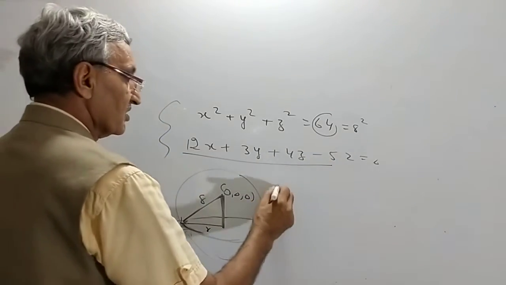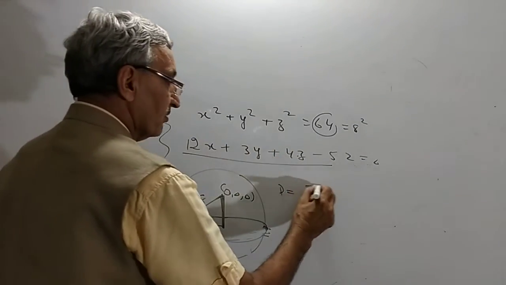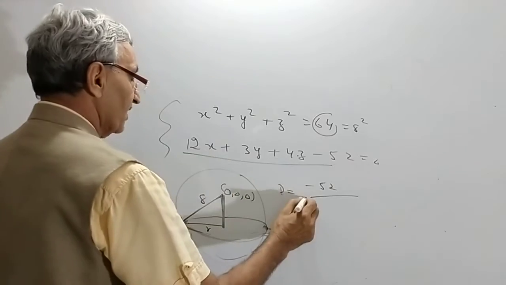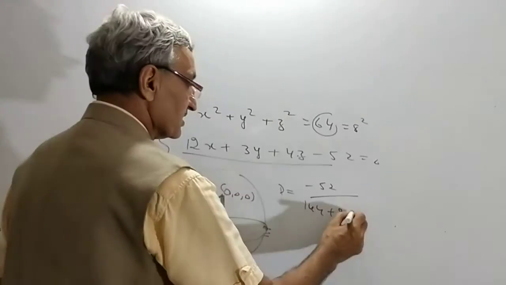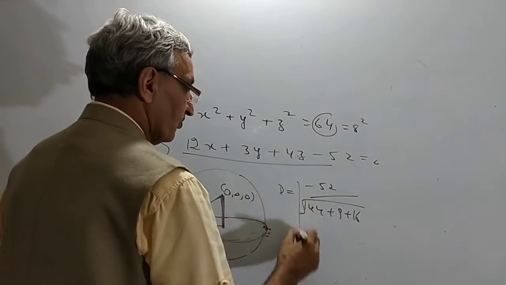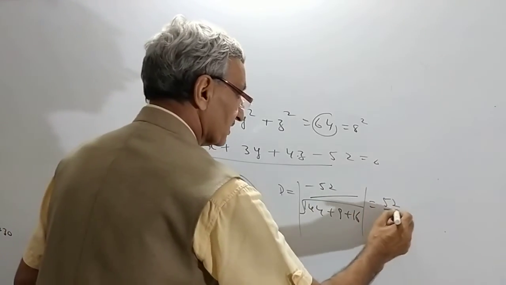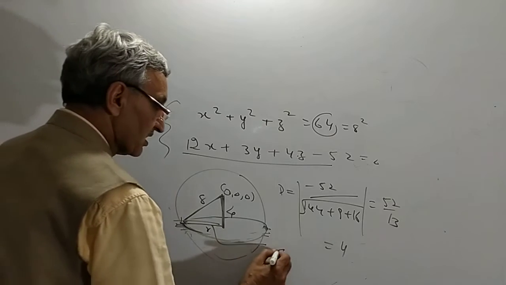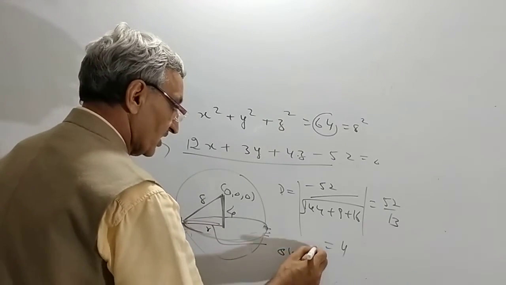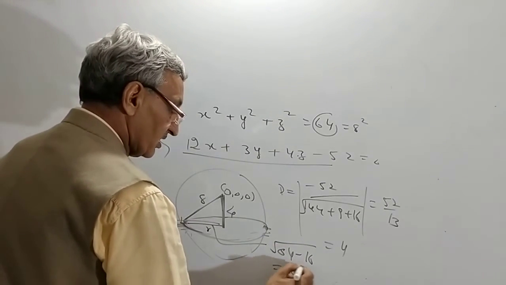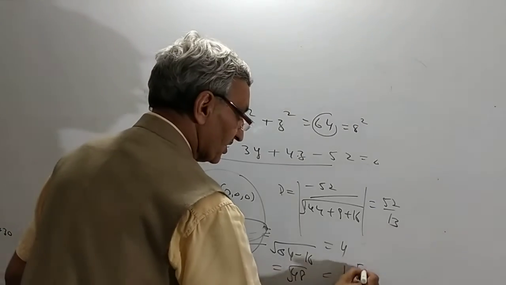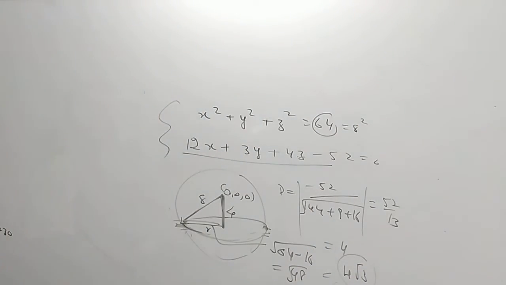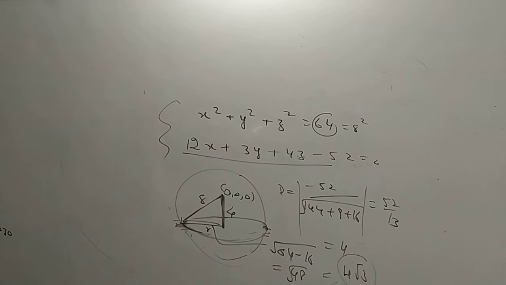So this distance is (0 minus 52) divided by the square root of 144 plus 9 plus 16, which is 52 by 13, equal to 4. Therefore the answer is the square root of 64 minus 16, which is the square root of 48, equal to 4 root 3. This is the answer.